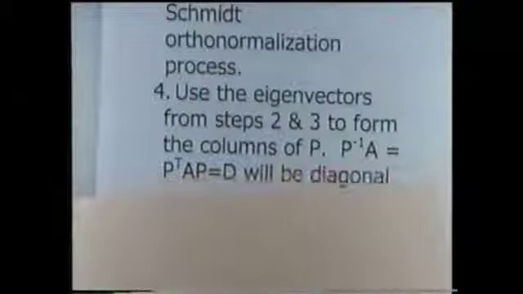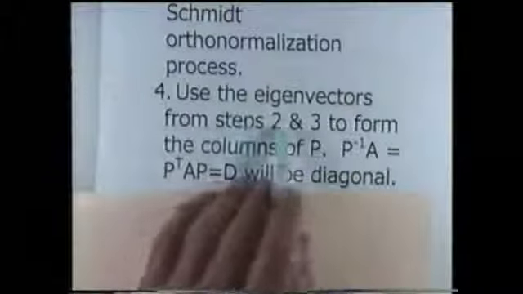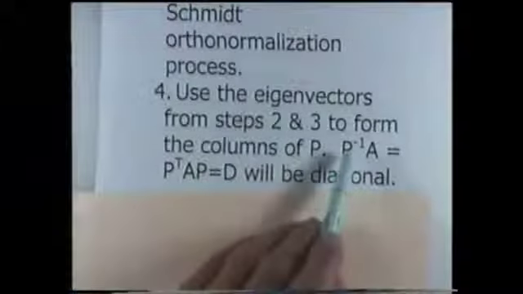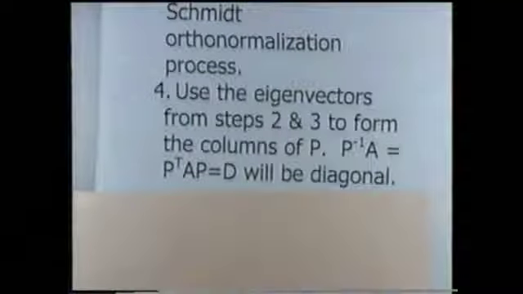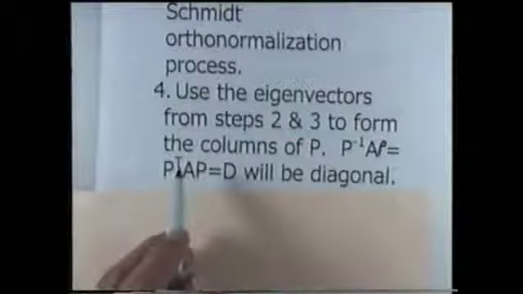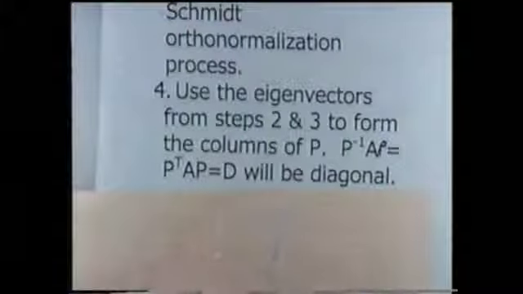Step 4, we use the eigenvectors from steps 2 and 3 to form the columns of P. Then P inverse AP, which is equal to P transpose AP, will equal D, which will be diagonal.